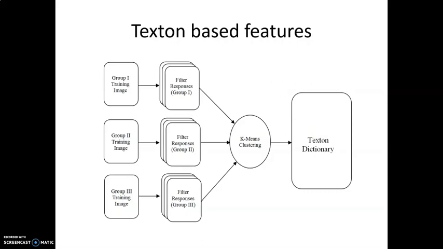English is a language that has a specific dictionary which contains a vocabulary of all the English words that we have. In a similar way, we have texton dictionaries in which we have the most typical types of textures which are available. Now, how can those most typical types of textures be calculated? This is how the steps look like.